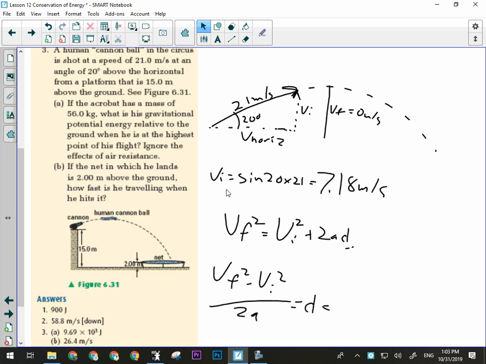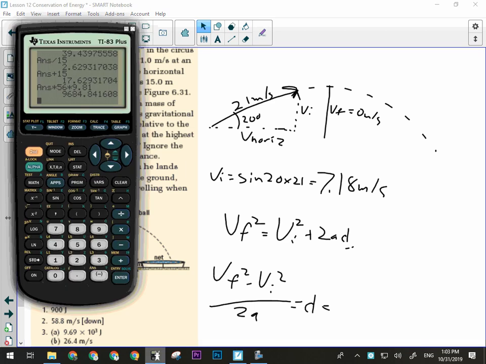Can you show how to do it the other way? Okay, so I would have taken cos of 20 times 21. That's the horizontal component of the velocity. Now I'm going to find the kinetic energy, so I'm going to go 0.5 times 56 times that squared. There's his kinetic energy, and then I've got to calculate his initial mechanical energy.